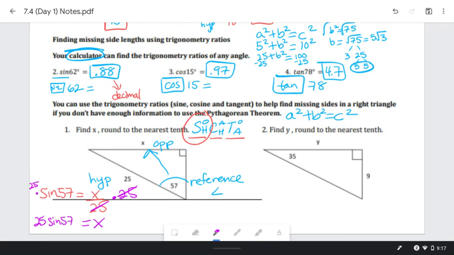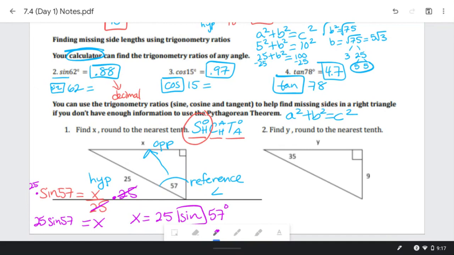So what you're going to do on your calculator is press 25 first. Well, that might depend on your calculator, but find your sine button and then 57. So you might have to do the sine first, or you might have to do the 25. That depends on what type of calculator you have. But basically you have 25 times the sine of 57 degrees, and that's going to give you a decimal.